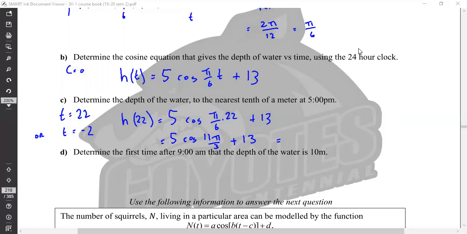Make sure you use brackets around here when we have a cosine of 11 pi over 3. Close your bracket around that. Depending on which calculator you're using, it might make a difference in here. And we should get exactly 15.5. What are we measuring here? This is in meters.